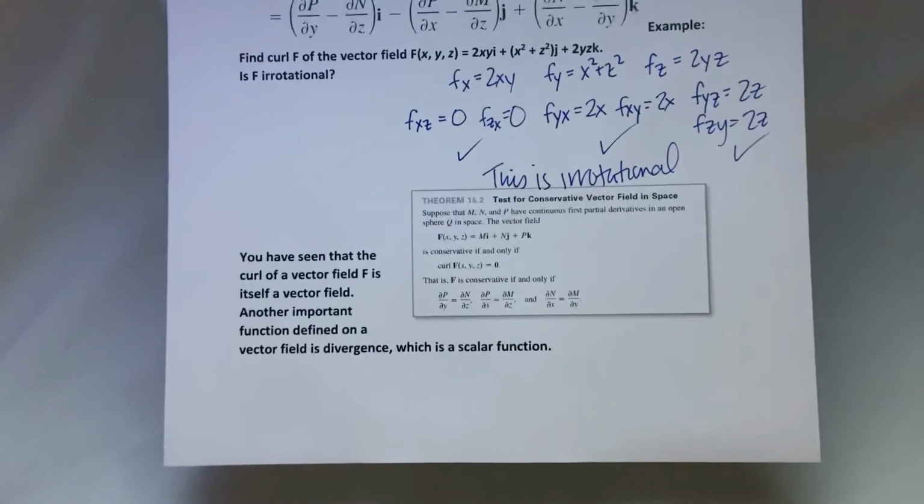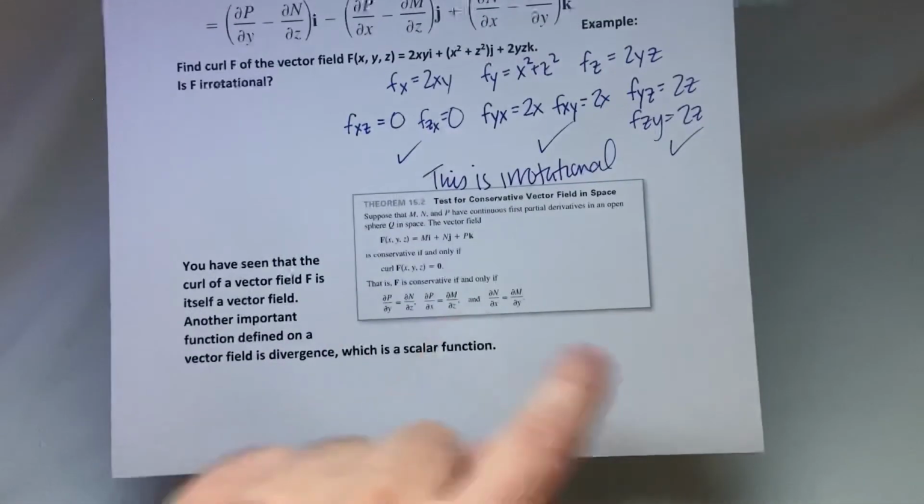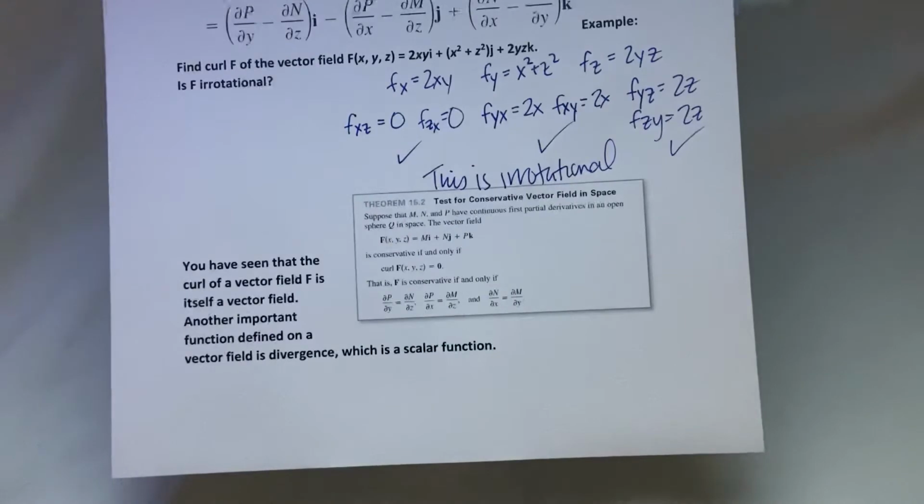So you've seen that the curl of a vector field is itself a vector field. Another important function defined on a vector field is called the divergence, which is a scalar function. This is just a reminder to test for a conservative vector field in space and its relationship to irrotational.